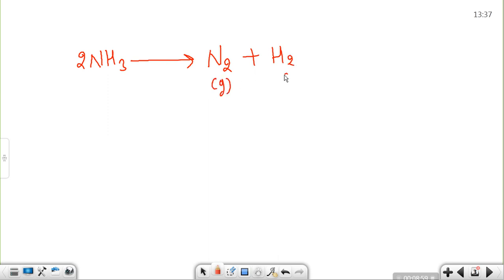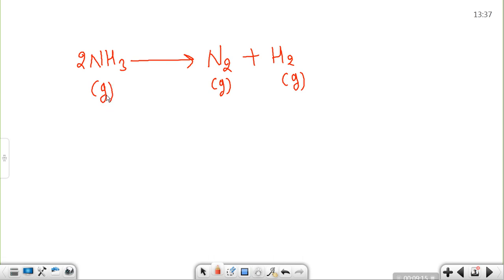Dinitrogen is in gaseous state and dihydrogen is gaseous. What is the physical state of dinitrogen and dihydrogen? Gaseous state. And what is the physical state of ammonia? Ammonia also lies in gaseous state.